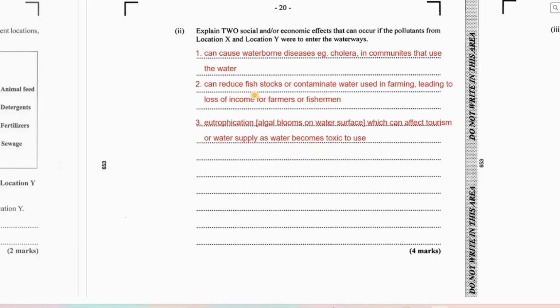So if the water streams are contaminated, then the fishes are either going to migrate if it's an open space, or if it's an enclosed area like a pond, for example, the fishes could die.